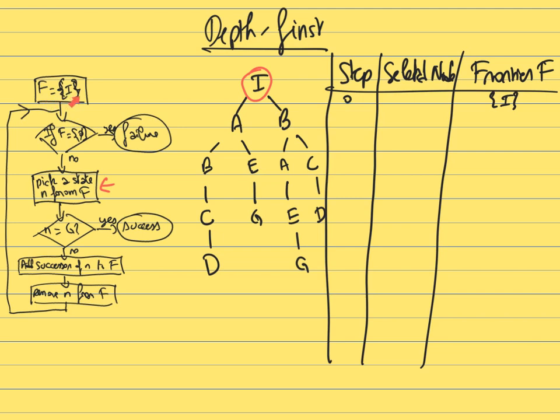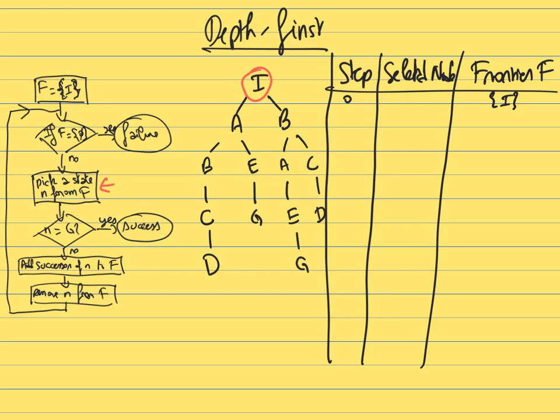We initialize the algorithm by saying that the frontier is just the state I. The frontier is not empty, so we will need to pick a state from the frontier. In this case, we are going to pick state I. This is the only state that we have in the frontier.